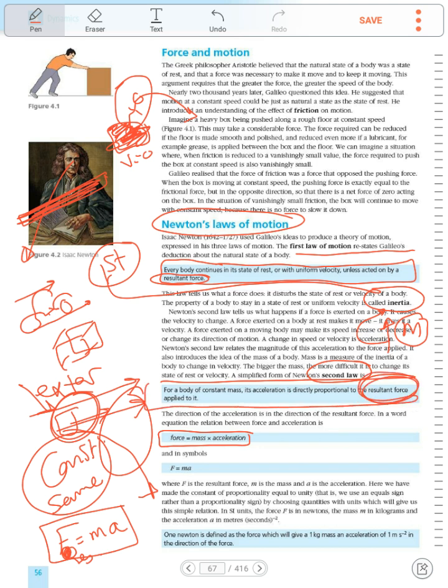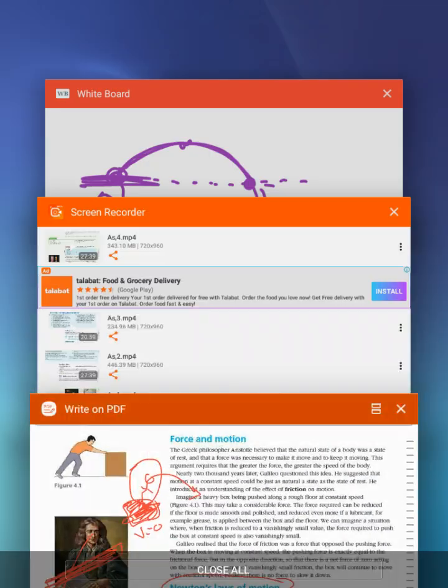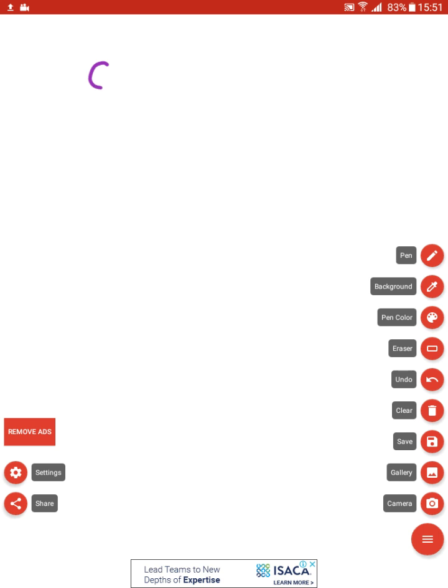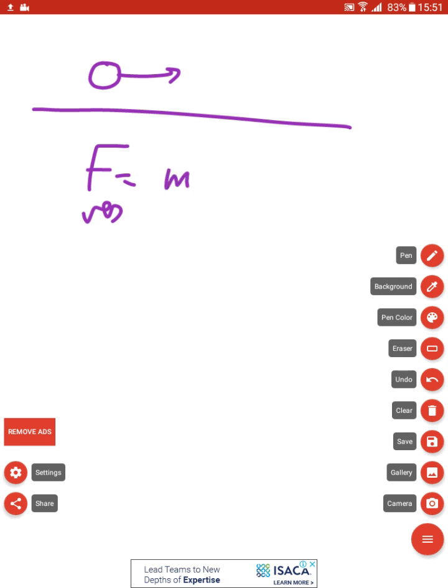F equals ma. Now we have two equations. Newton's first law: a stationary object stays stationary, and a moving object at constant speed and in the same direction stays moving unless a force changes its direction. Newton's second law: resultant force equals mass times acceleration.